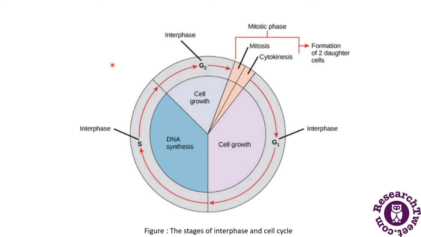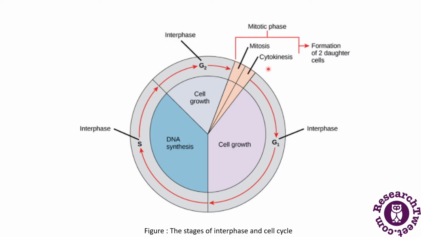After the G2 phase there comes the mitosis or mitotic phase, where this is the part where the mitosis takes place and this is the part where the cytokinesis takes place. Cytokinesis here means the division of the cytoplasm. So the word cyto depicts the cytoplasm and kinesis is used for the division.